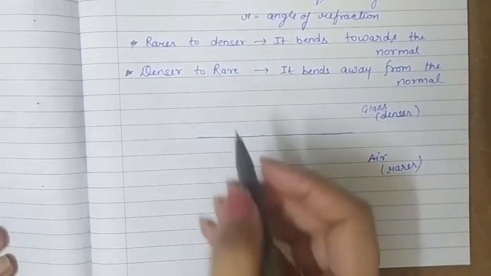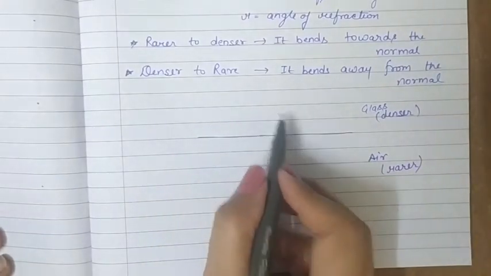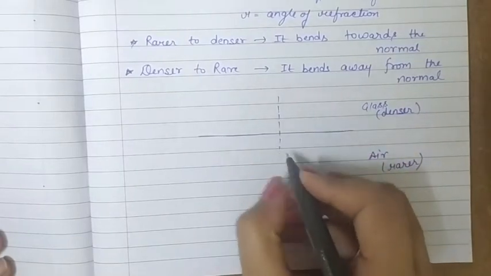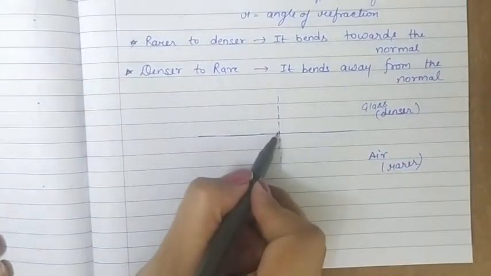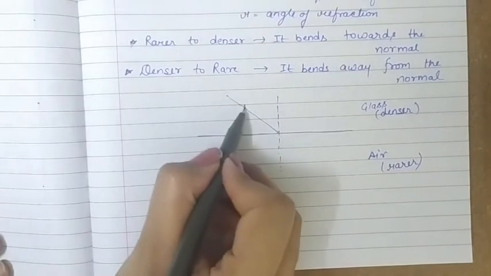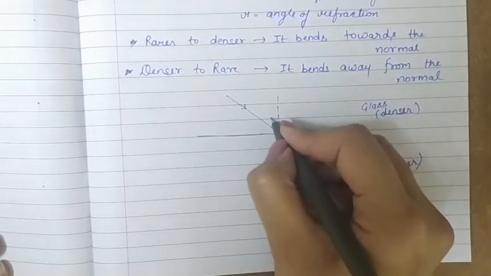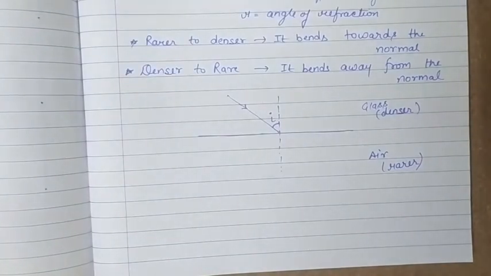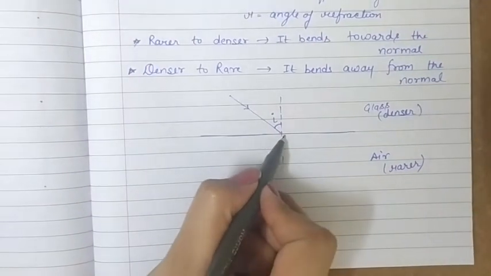So now light is traveling from glass to air, means denser to rare medium. If this is the normal and light is incident like this, making an angle of incidence I with the normal, then its path should be like this.